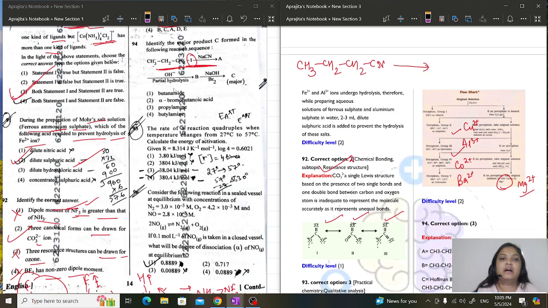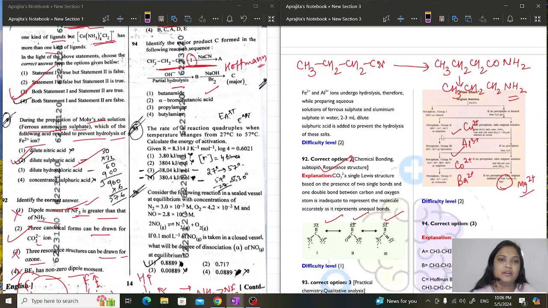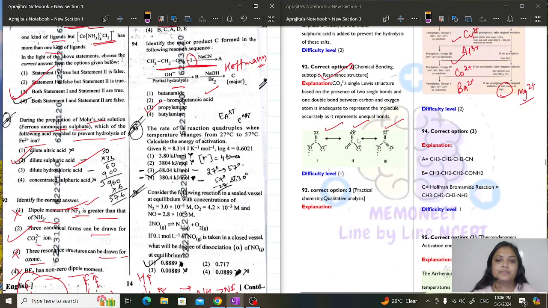Then partial hydrolysis of the cyanide gives an amide. And then with NaOH-Br2, the Hofmann bromamide reaction will happen, and we will get an amine, CH3CH2CH2NH2. So propylamine is the answer, option 3.